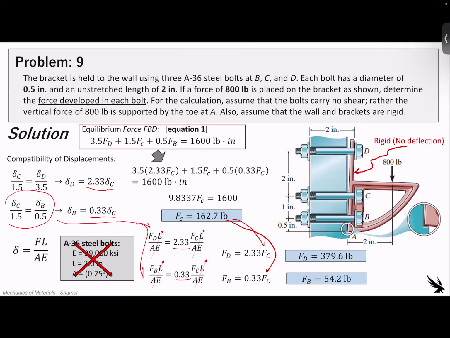So, like triangles, compatibility, that allows us to solve some of these complex things, sprinkle in a little statics, and always look to see what you can cancel out here. Same material, same diameter, then you do not need to calculate A and E if we're talking about a compatibility problem. Compatibility meaning, okay, if one thing deforms this amount, since it's attached to the other thing, then that thing must deform the same amount.